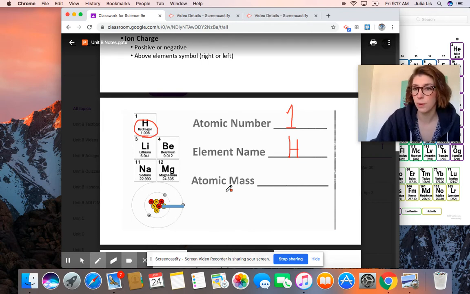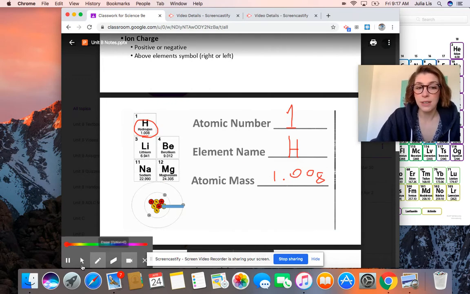So just go off of what periodic table I give you and write out the whole number as the decimal. So the atomic mass, the weight of hydrogen, is 1.008 here. Okay.